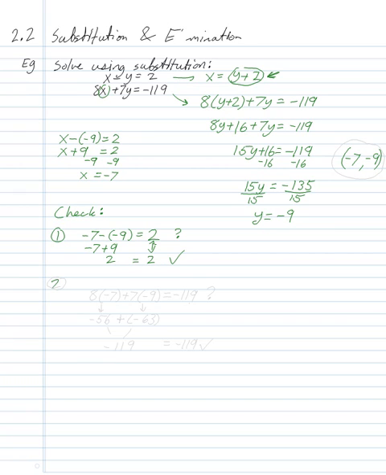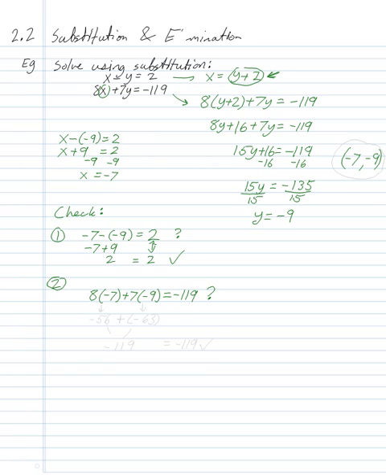Our second equation is going to involve a little bit more work. So if I plug negative 7 in for x and negative 9 in for y, is it true that the left-hand side evaluates to negative 119?